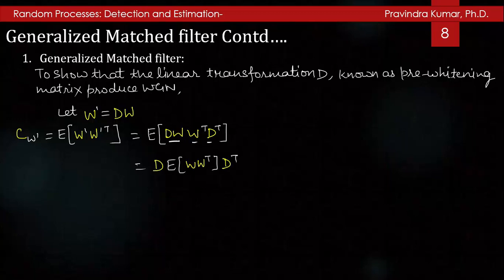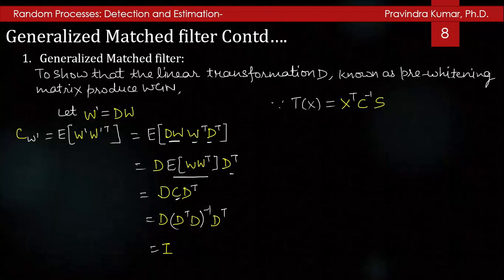So it is D times the expected value of omega omega transpose times D transpose, and this is the covariance matrix C. So it is D C D transpose, and since C inverse equals D transpose D, this gives the identity matrix. So the linear transformation D is a whitening transformation, and the generalized matched filter can be viewed as pre-whitening followed by the replica correlator or matched filter, as you have seen in the previous figure.